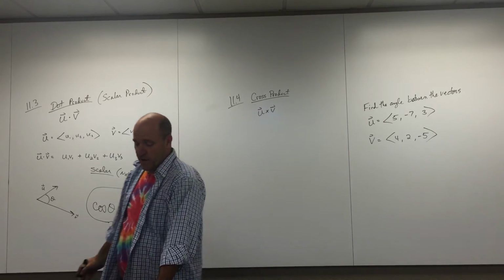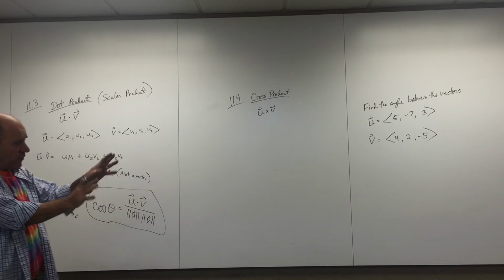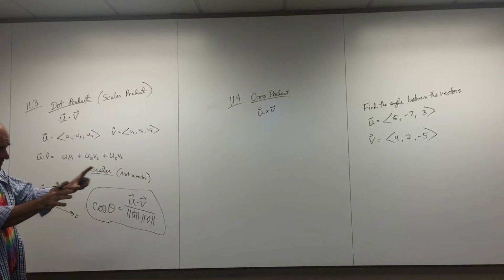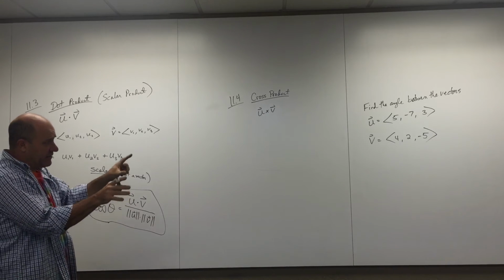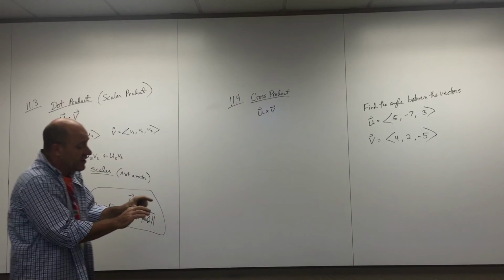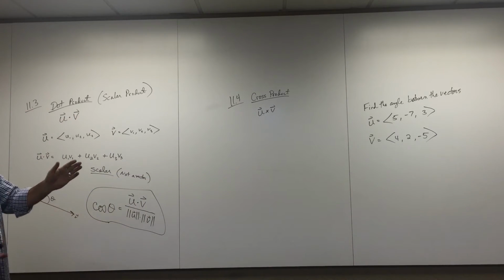These are a couple of vectors in space. I don't really want to draw them, but I've got two vectors in 3 dimensions. If I draw them from the origin, their tails are together, and I want the angle between the two vectors.